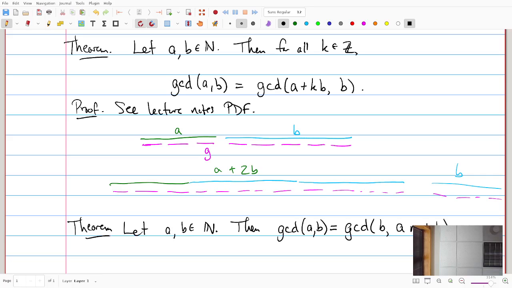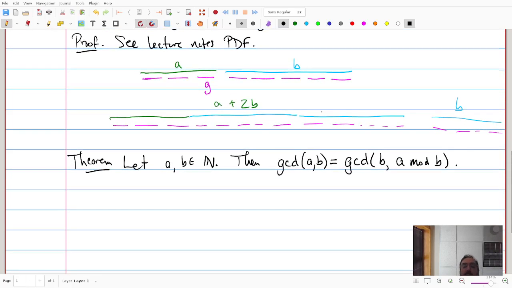A mod B says if you divide A by B, what's left over. You could also think of that as like subtract copies of B from A until you can't anymore and see what's left, right? Well, this theorem already says, look, you can subtract copies of B as much as you want from A and it won't change the GCD. So this is just saying, yeah, keep B the same and then just subtract as many copies of B as you can from A. And then that theorem tells us it'll be the same.